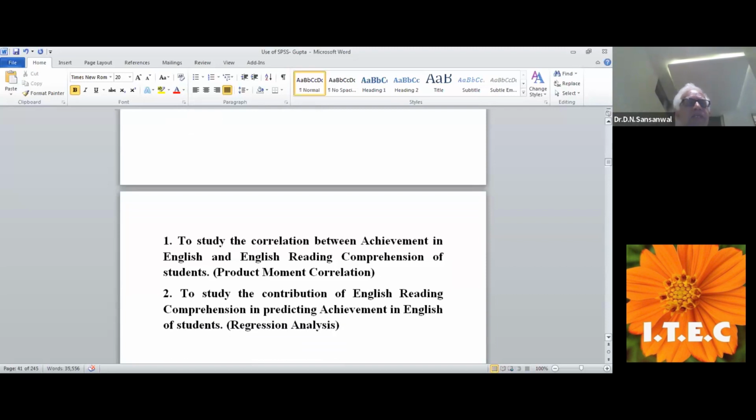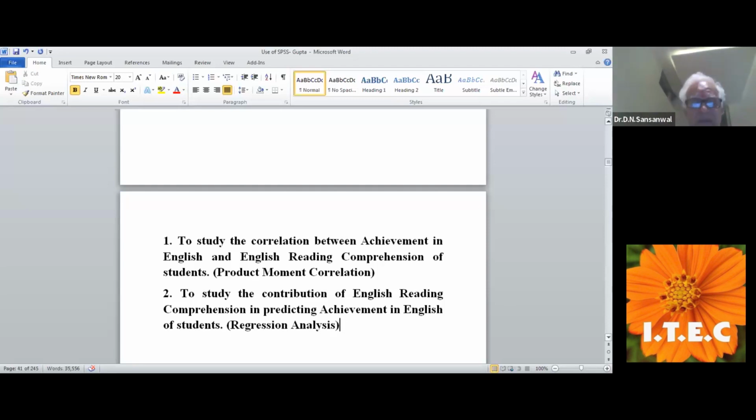Now in this case, I have not stratified. It is only the class 5th students. That's all. I have not written male, I have not written female. I have not written joint family. I have not written English medium or Hindi. I have not written anything.